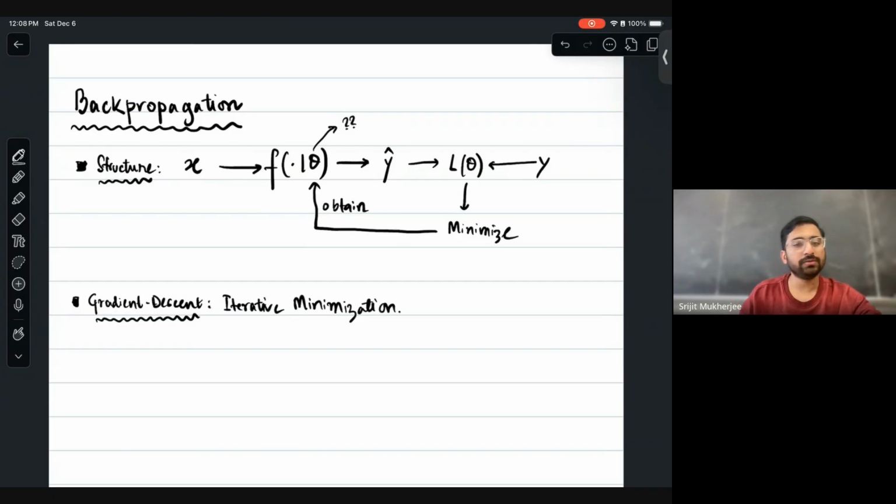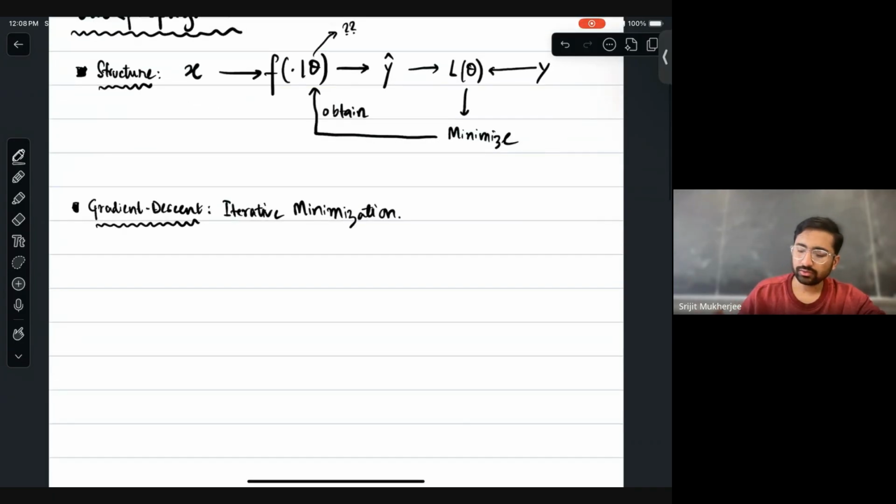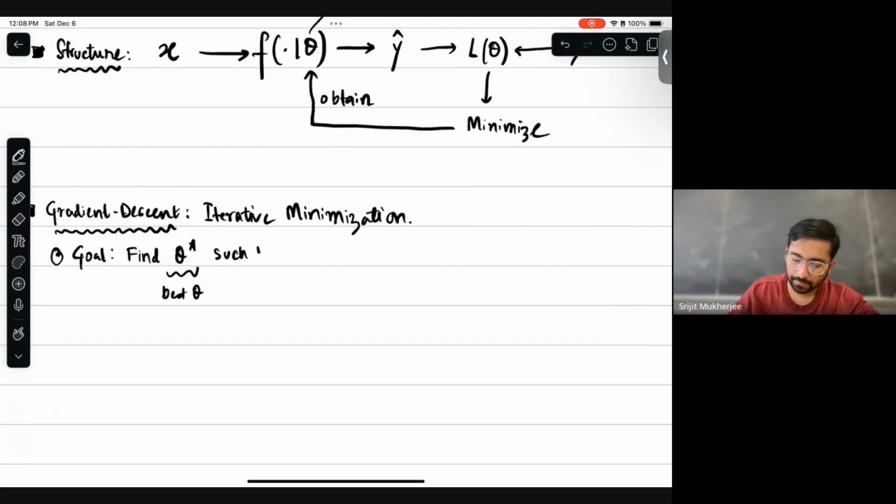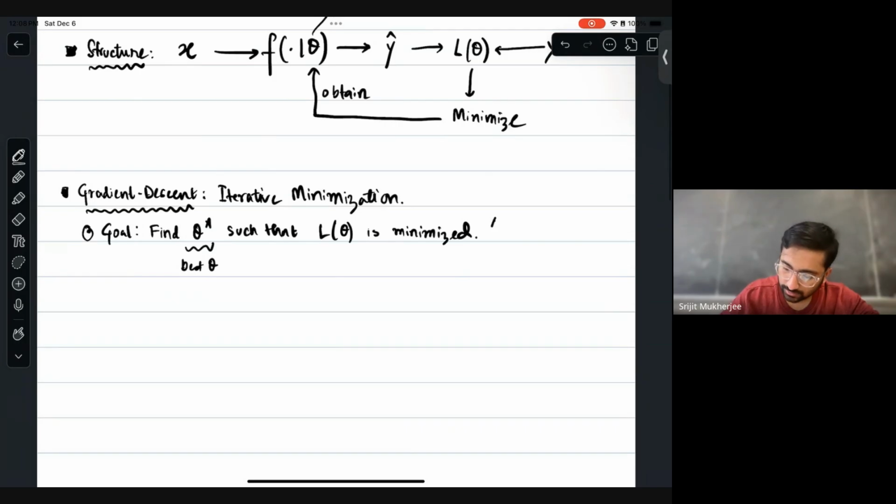So what do we do in iterative minimization? Gradient descent is defined as, so the goal is to find theta star, the best theta, such that L theta is minimized. Okay, the loss is minimized.